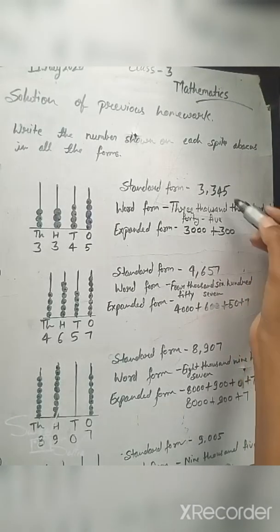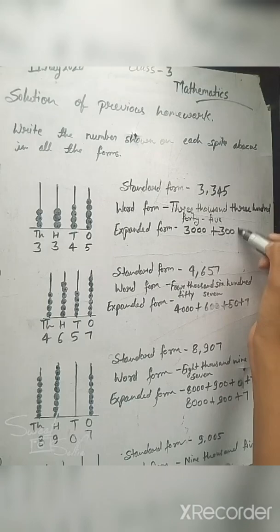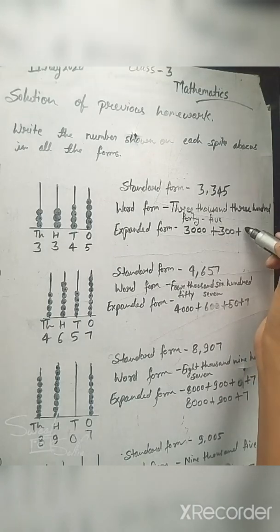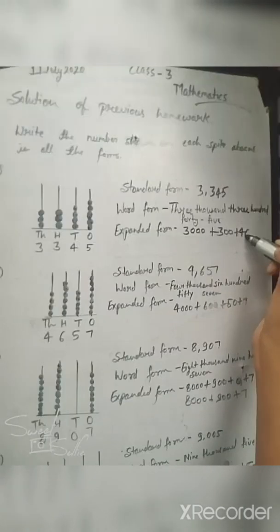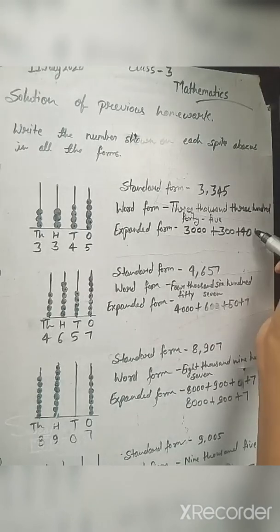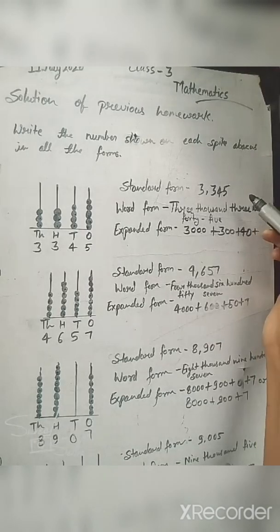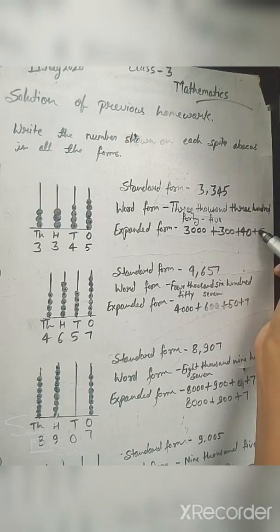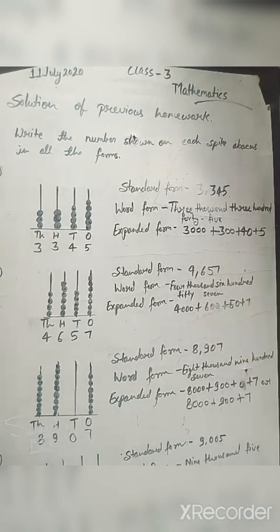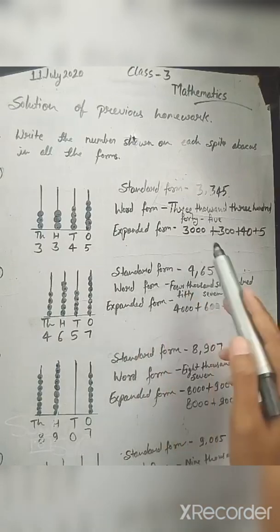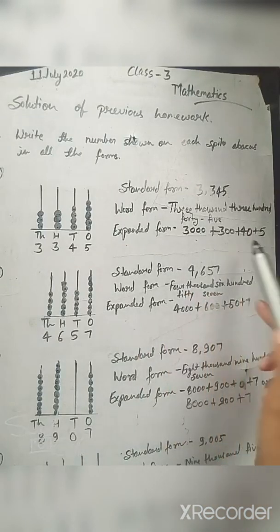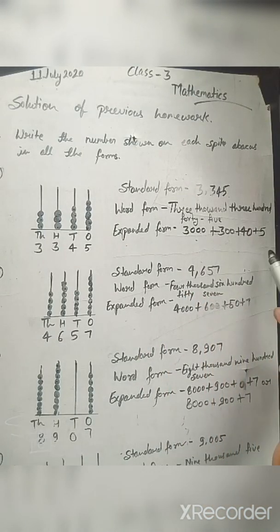Next 4 at tens place, so we'll multiply it with 10 and we get 40. And 5 at ones place, so we'll multiply it with 1. So 5 multiplied by 1 is equal to 5. So the expanded form is 3000 plus 300 plus 40 plus 5.